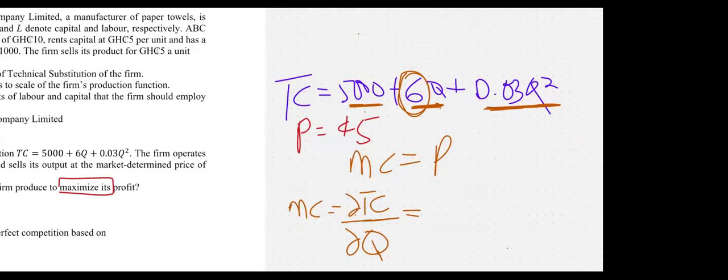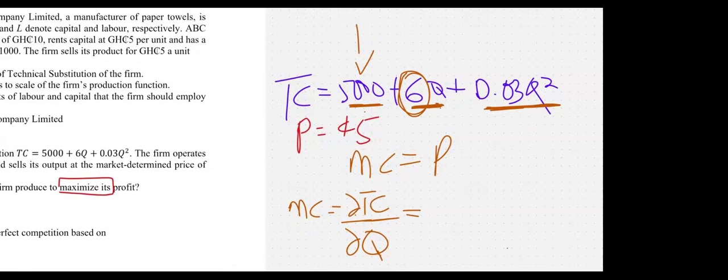So if the exponent is 1, then the derivative will be 6, because the derivative will be the coefficient. So for MC, dTC over dQ, I will not differentiate 5,000 because 5,000 has no Q. But 6Q, another term, has a Q, and the exponent of the Q is 1. So the derivative will be the 6.